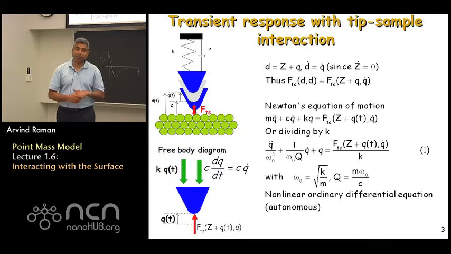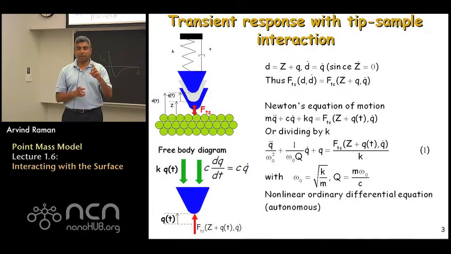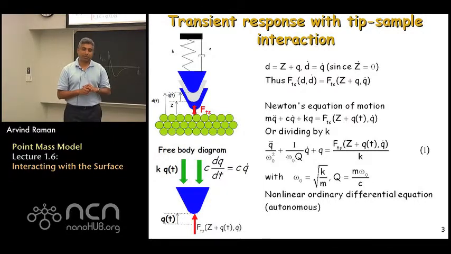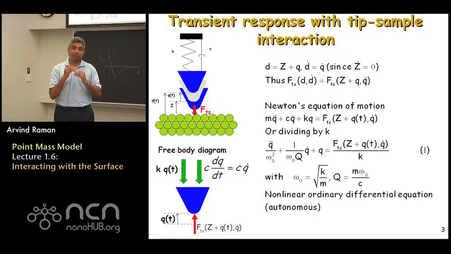On the top left are shown the notations that we're going to be using for this discussion. The key thing to keep in mind is that D is the instantaneous tip-sample gap, and Z is the separation between the surface and the tip when the tip is not deflected.